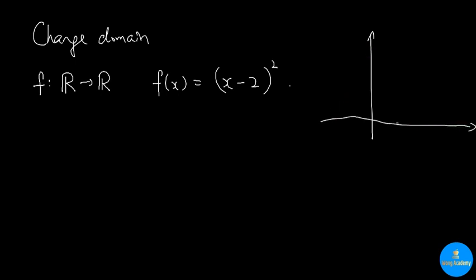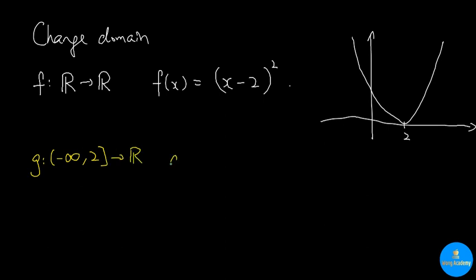It is a parabola with the vertex at x equal to 2 and it is opening upwards. If we change the domain so that it is now from negative infinity to 2, then this new function will be one-to-one, even though the action is identical.